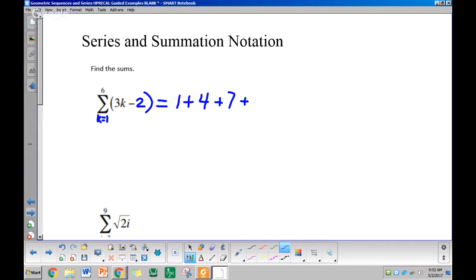Plus, now I'm going to bump the counter up to 4, and that's 10. Plus, bump the counter up to 5, and that's 13. And you see the pattern, right? The last one is 16. And somebody with their fast fingers is going to tell me what that equals. 51.